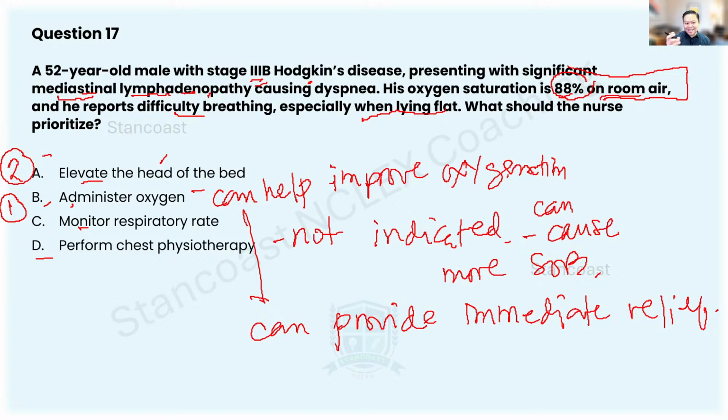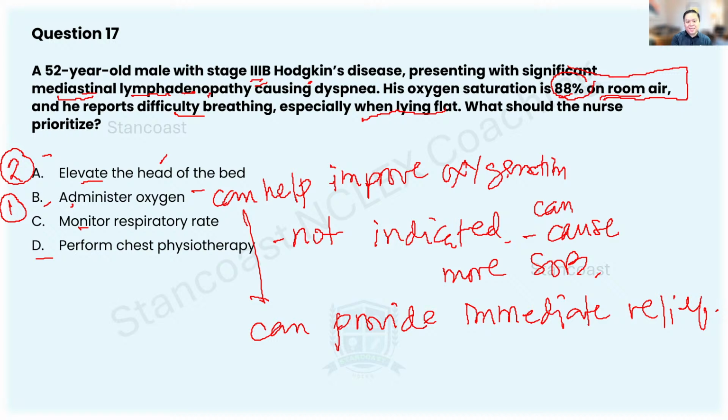It said here, when lying down, we should think about positioning. Yes, that's quite true. Positioning is one of the keys in alleviating the shortness of breath of our patient, but will it give a much faster immediate relief compared to the oxygen? No, it doesn't.